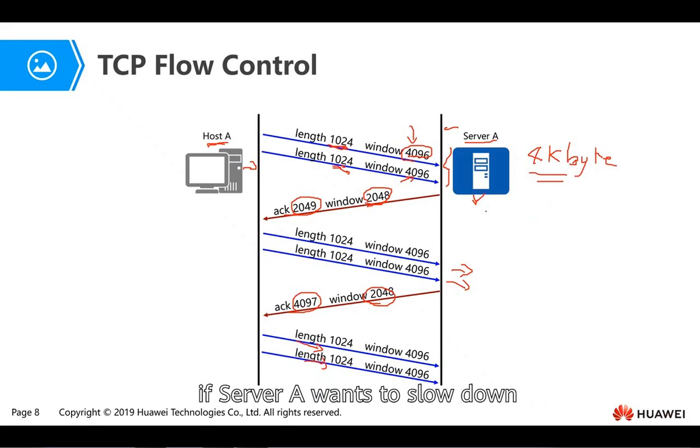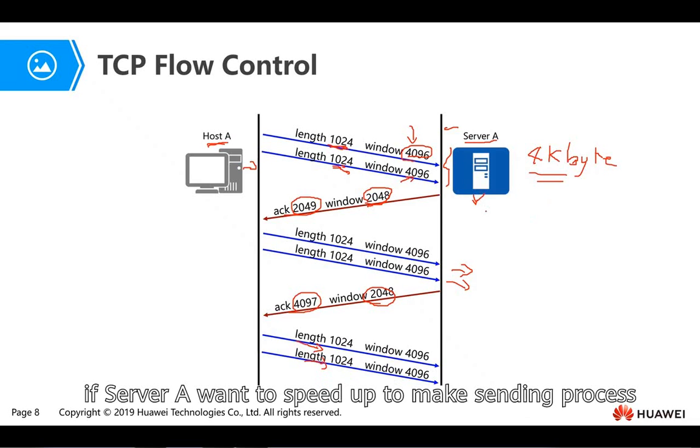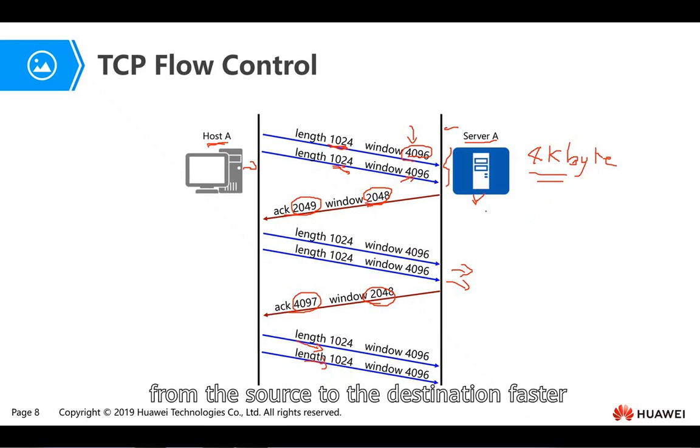If server A wants to slow down, it just reduces the window size. If server A wants to speed up the sending from source to destination, it can increase the window size. Okay, this is how TCP's flow control is implemented by the window size.